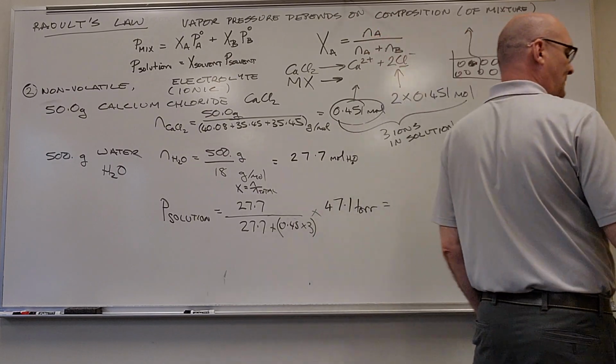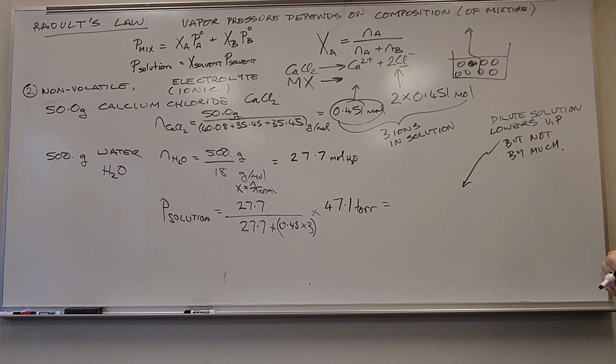Three ions in solution, it's going to have a different effect. You have 0.451 moles of calcium 2 plus ions in solution and double that amount of chlorides.